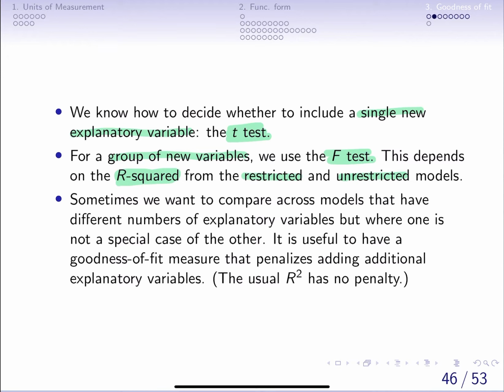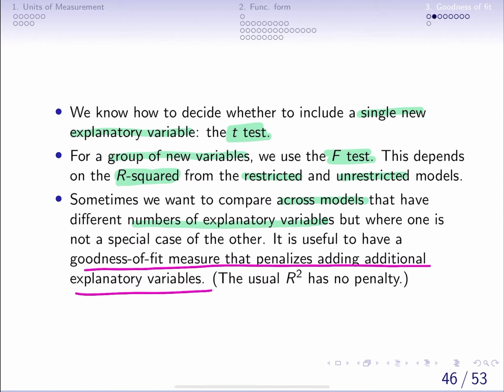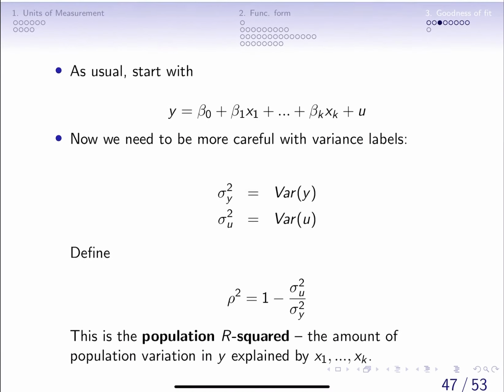But sometimes we want to compare across models that have different numbers of explanatory variables, but where one is not a special case of the other. Remember that it is usually useful to have a goodness of fit measure that actually penalizes you for adding explanatory variables.